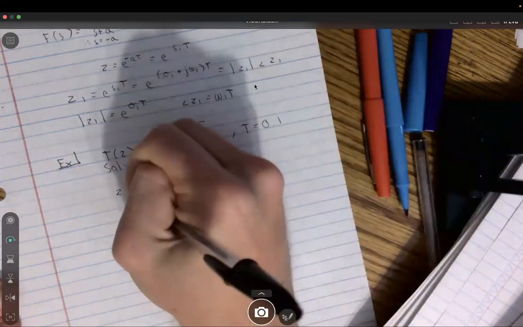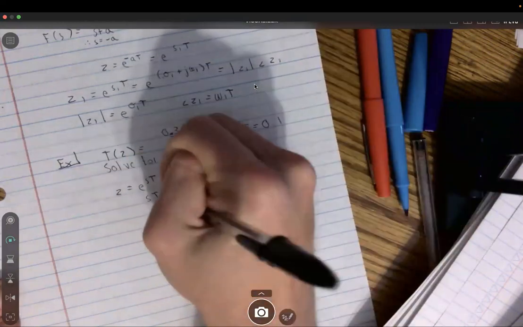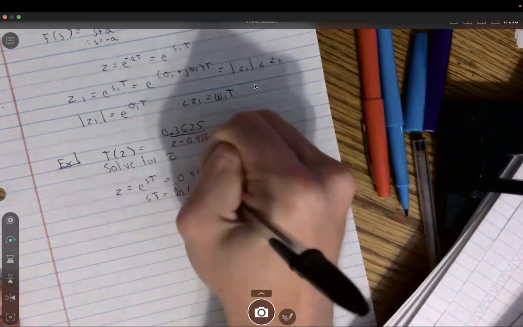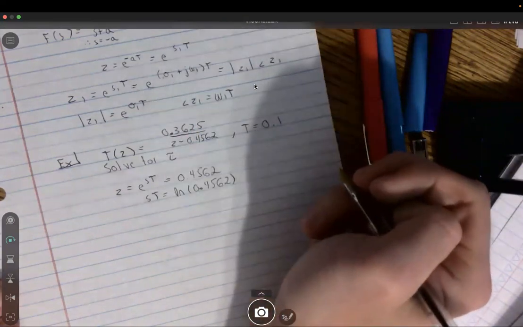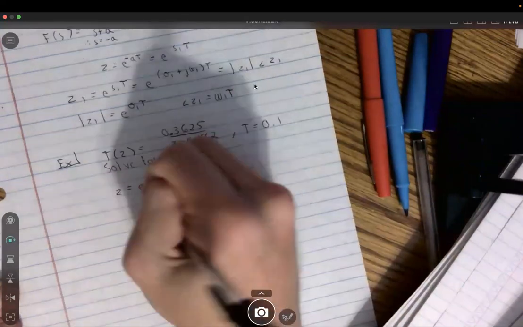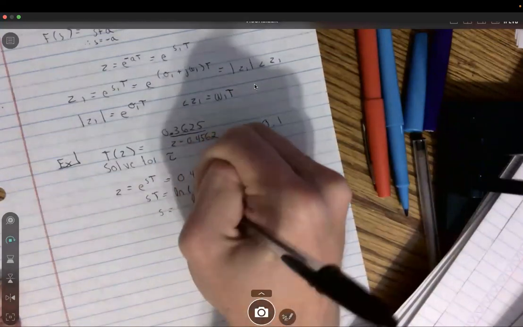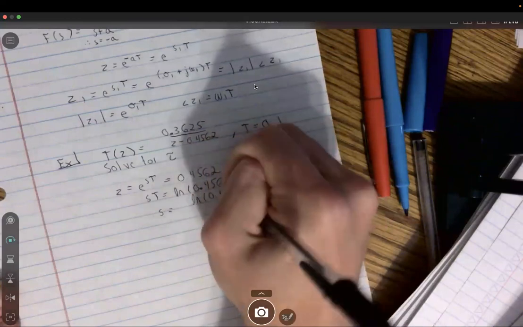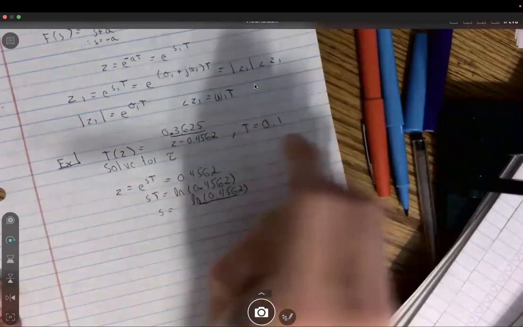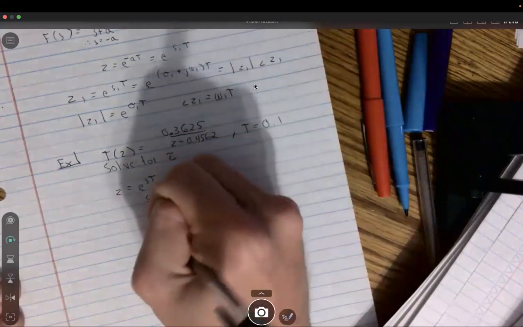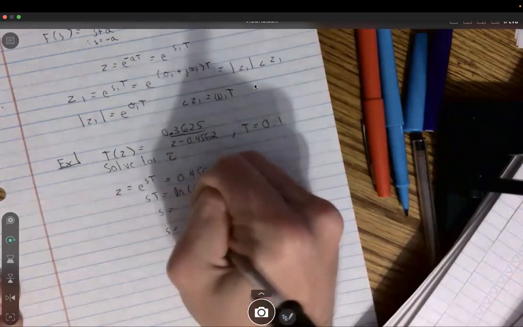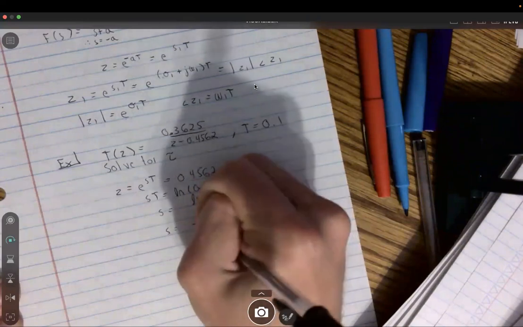Now taking the natural log of both sides, we get ST is equal to the natural log of 0.4562. Solving for s, you're going to get the natural log of 0.4562 divided by your capital T, which is 0.1. You're going to get s is equal to negative 7.842.